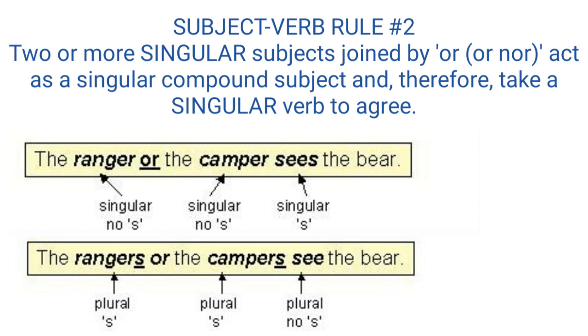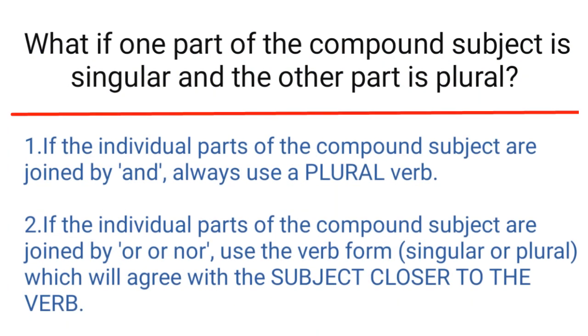The rangers or the campers, both the subjects were plural. That's why we used a plural verb. See is a plural verb. I think you understood. But you may be confused. What if one part of the compound subject is singular and the other part is plural? Such cases may also be there, isn't it?